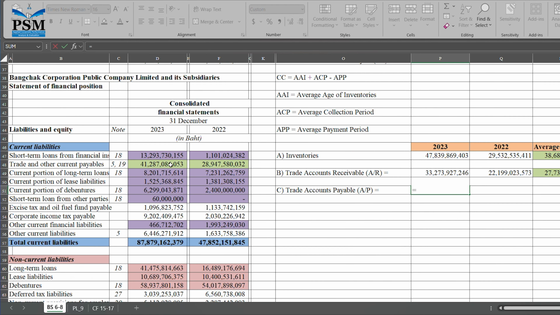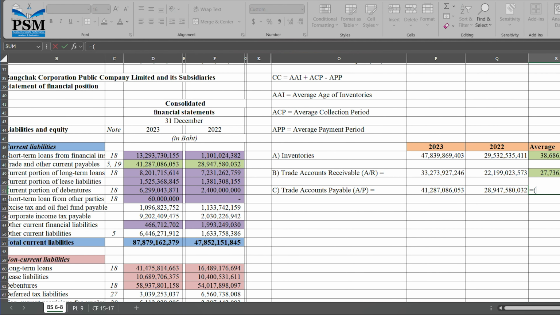It's on row 48, trade accounts payable for both years. Row 48, column D and column F. So just like before, we calculate the average number, beginning amount plus the ending amount, and then we divide by 2.